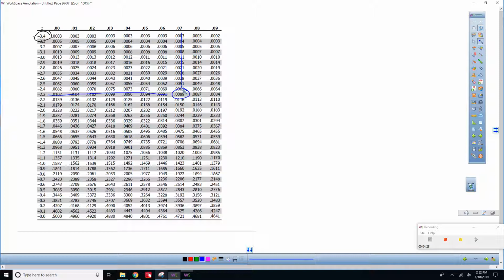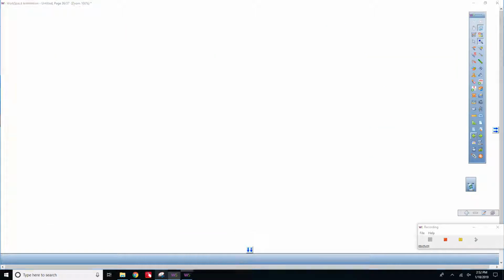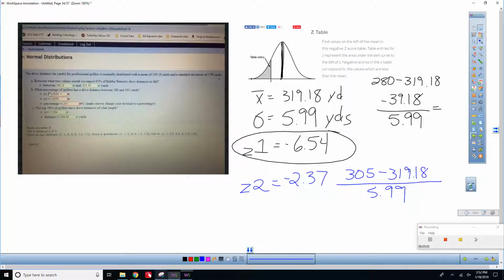So what that means is 0.0089, or 0.89% of golfers, pro golfers in this case, hit less than this, meaning just about every golfer, 99.11% of golfers hit it further than that drive. But this will allow you to answer your question. So your second z-score is this.